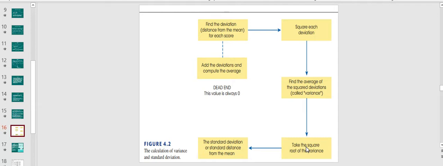Technically, the standard deviation is the square root of the average squared deviation. Conceptually, however, the standard deviation provides a measure of average distance from the mean.